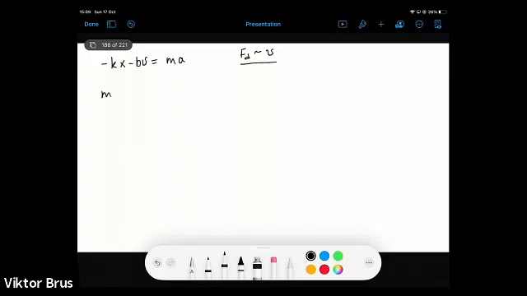So we can write m times d squared x over dt squared, then plus, we have velocity, which is the first derivative of x over time, so plus b times dx over dt.